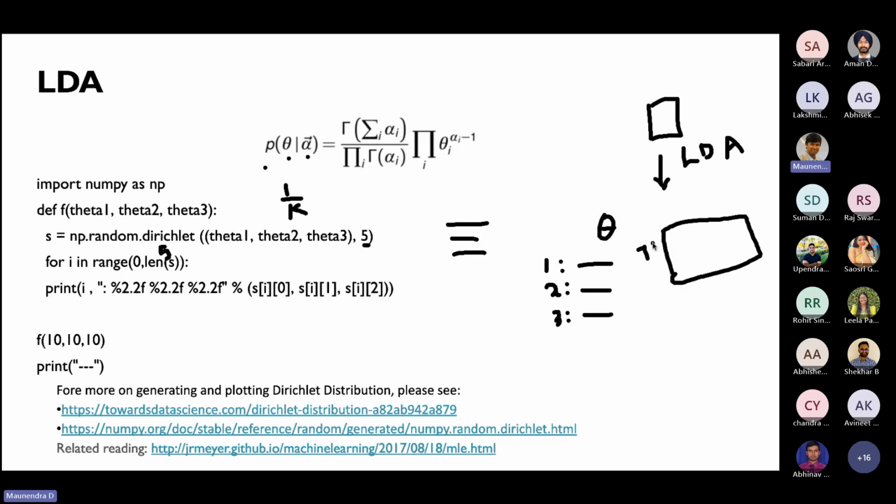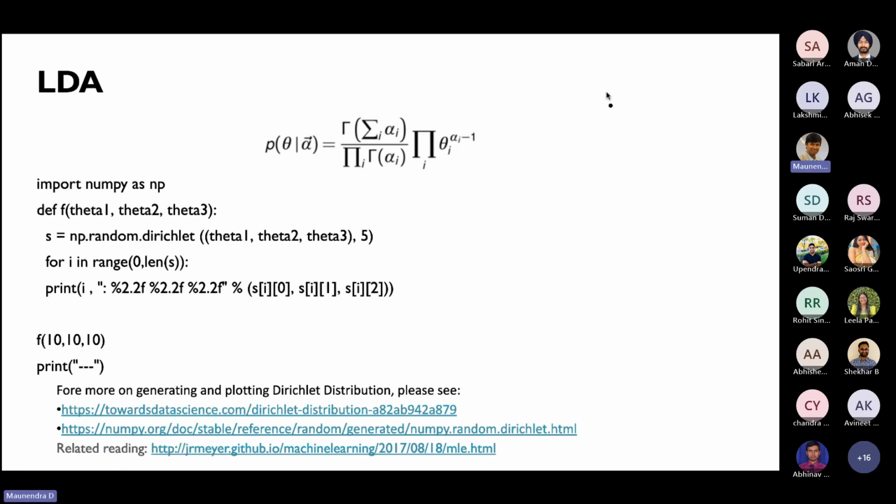So if this is the collection you give to LDA, we get two different matrices.